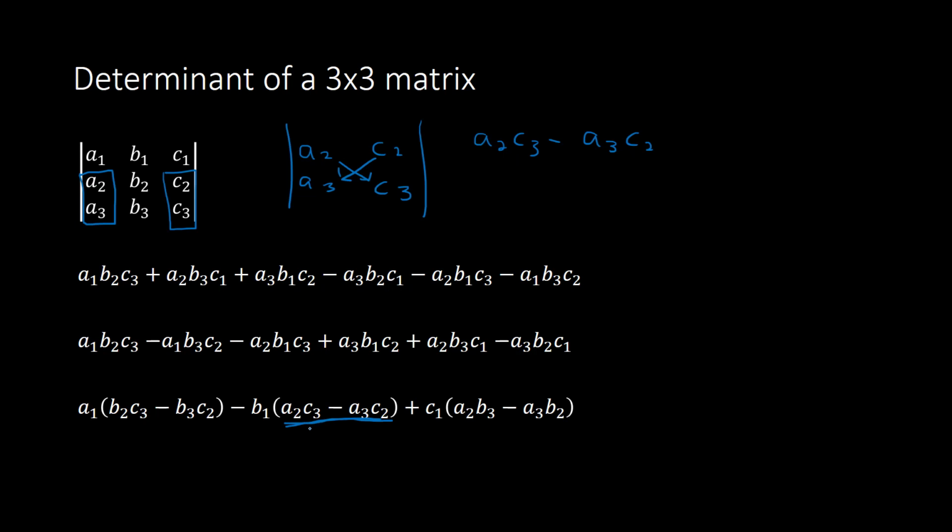So the second term in parentheses is actually another determinant. It's the determinant of that matrix. And then the same thing for A2 B3 minus A3 B2.